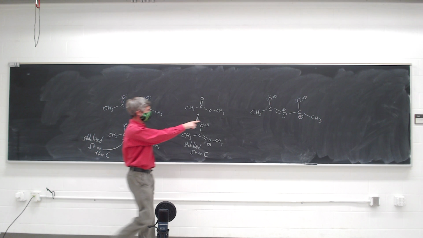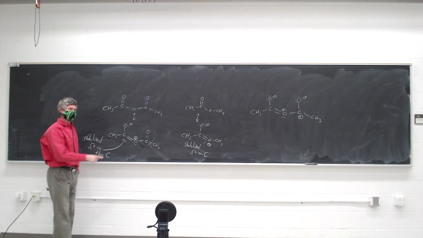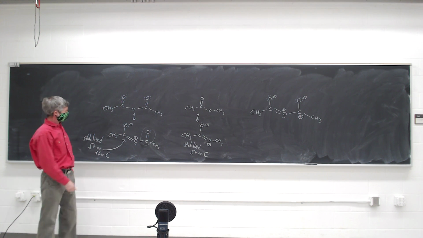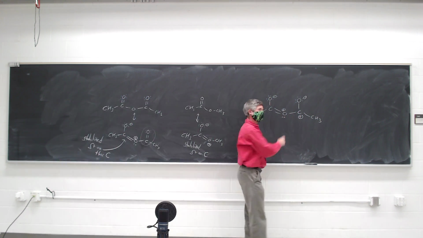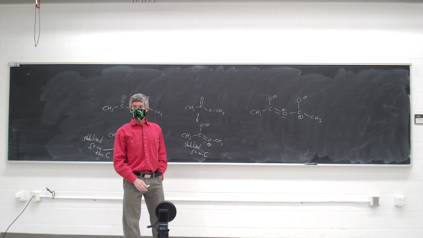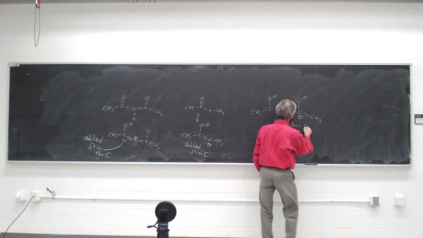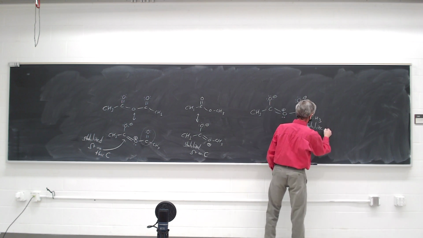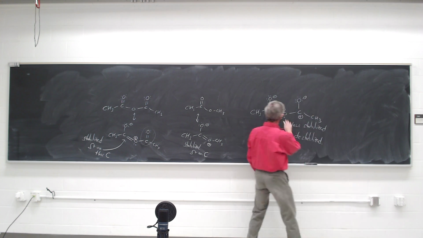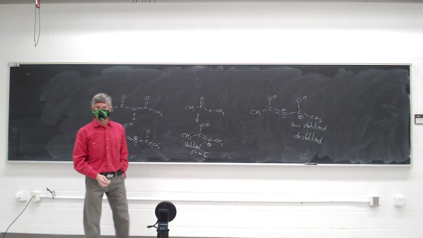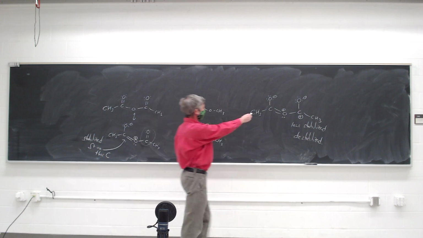So this carbon is going to look at this oxygen and say, you're supposed to be forming a pi bond with me and stabilizing me. And this oxygen is stabilizing the other carbonyl instead. So this carbon is saying, oxygen, now you have a positive charge, you're supposed to be stabilizing. So this one is less stabilized. It's actually destabilized. And this oxygen can't stabilize both of the carbonyls that it's adjacent to at the same time. So this actually becomes more reactive.